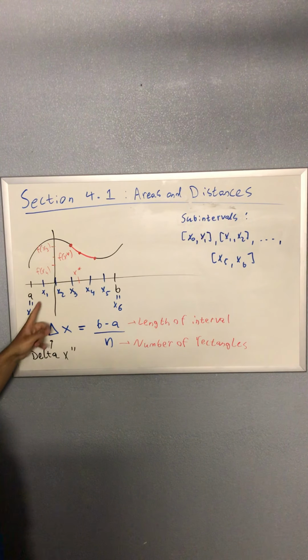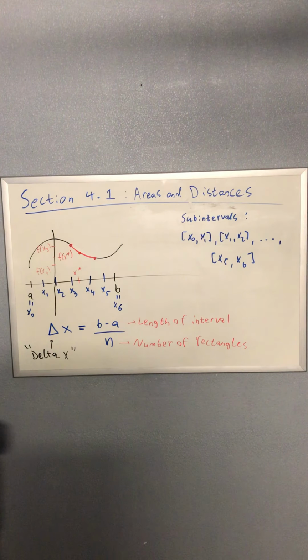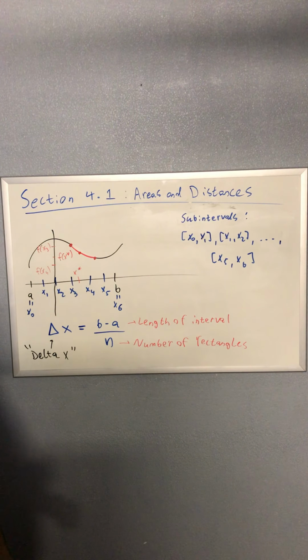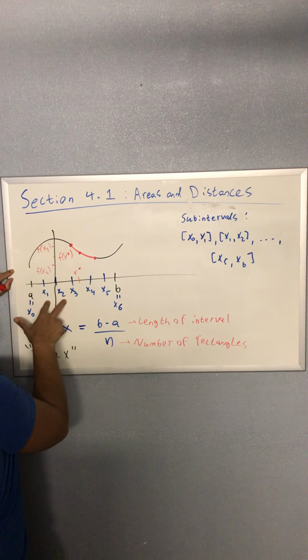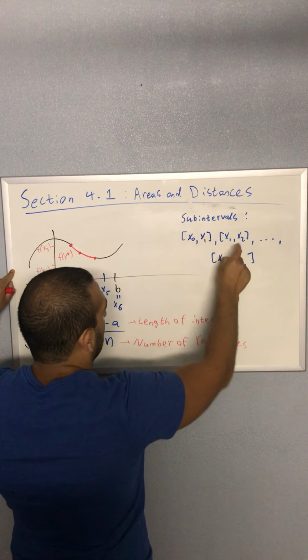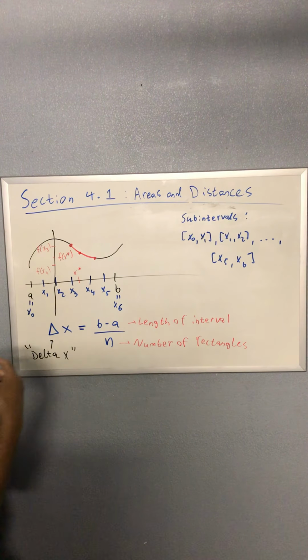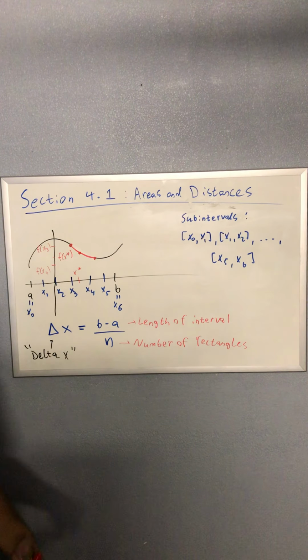So it'd be like this one, this one, this one, this one, that one, x5, and then we stop. And then with the right endpoint, we're going to pick the bigger number. So between x0 and x1, we'll take x1. And then from x1 to x2, we'll take x2. So you pick the bigger number, x1, x2, x3, x4, all the way up to x6.